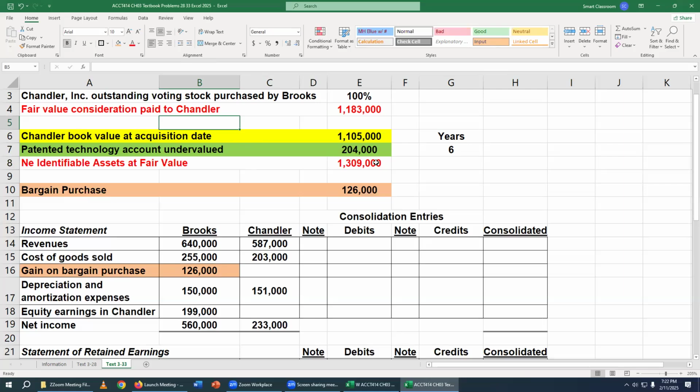Okay, well, they already had the bargain purchase in for us. Now, this is a fairly new rule, and it's one of the weird rules where you actually recognize a gain on a purchase, which is really strange.